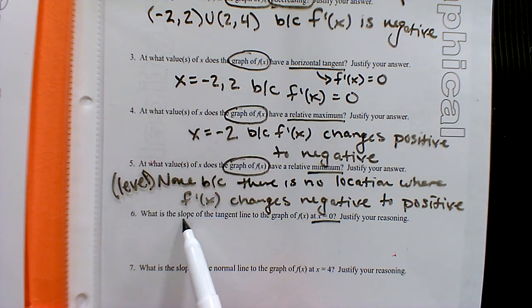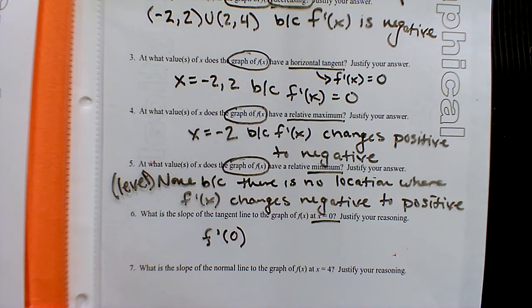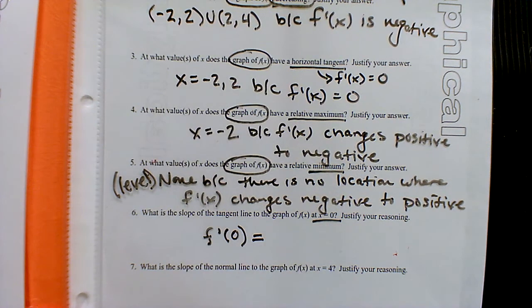So if we want the slope of the tangent line at 0, we want the derivative at 0. If you were to plug in 0 into the derivative graph, because we have a graphical picture, what would you get out? Can you tell based off the top graph?